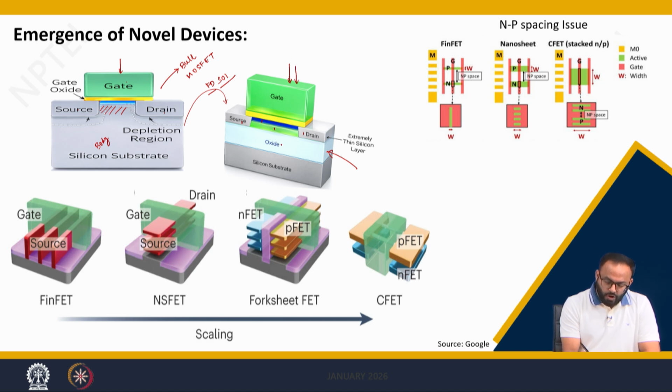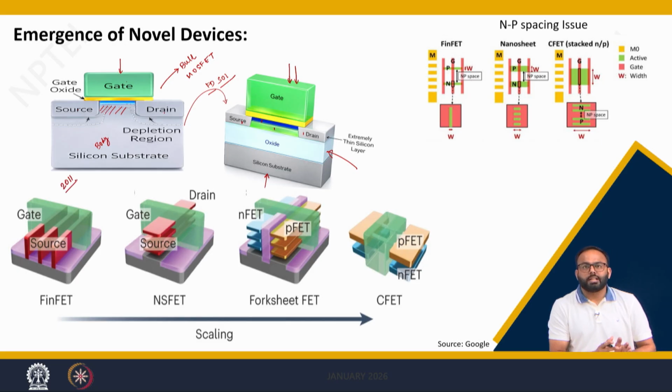If you reduce the oxide thickness, you can control from the other side, that is the double gate structure. But in 2011, the introduction of FinFET changed the complete technological growth of MOSFET, and we entered into non-planar structure.